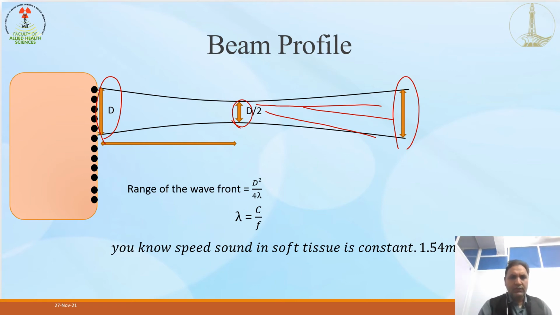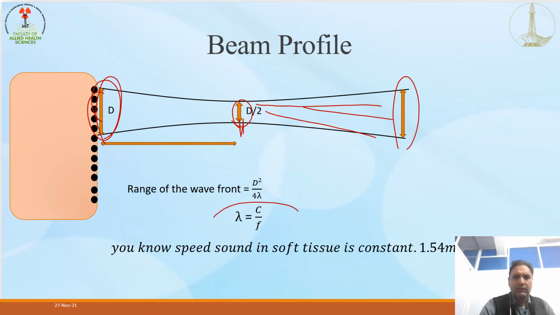The range of the wavefront, the point at which the sound waves are converging, is equal to D squared over 4 lambda, where D is the diameter of the source generating the sound waves and lambda is the wavelength.